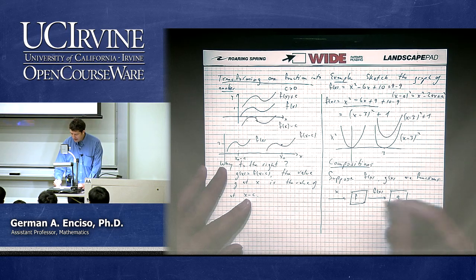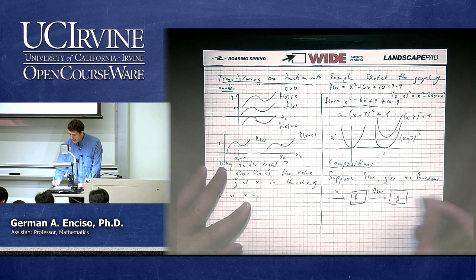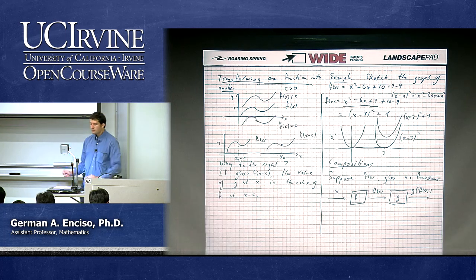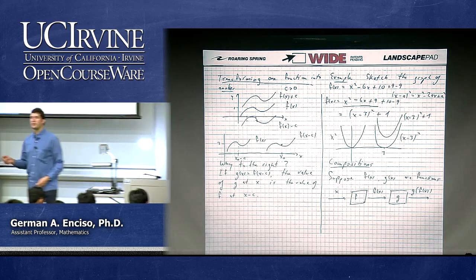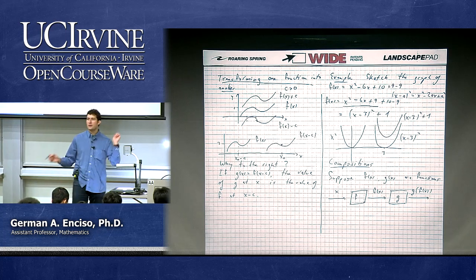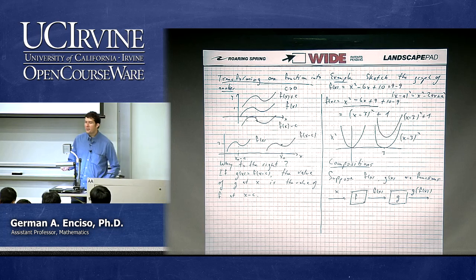Okay, so you plug this value, which happens to be f of x, in here, and out comes what? g of f of x. That's what we call a composition. It's one machine after the other. It's like you have a whole factory of functions. You plug one machine into the other, and you have more complicated functions.